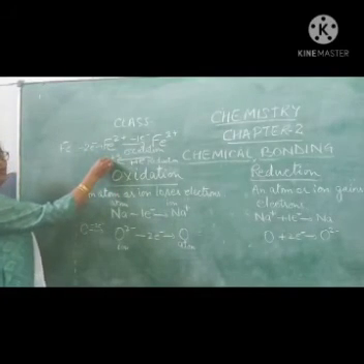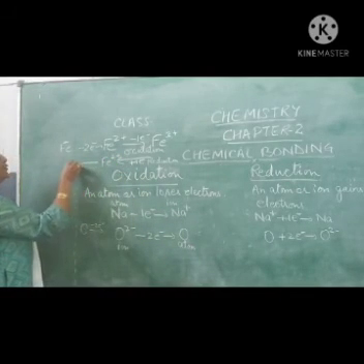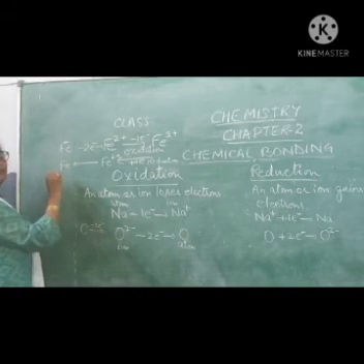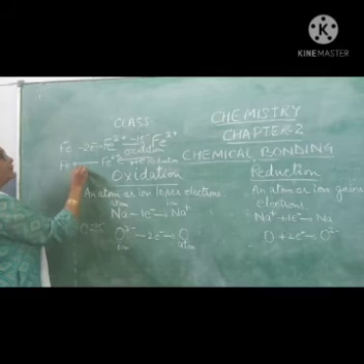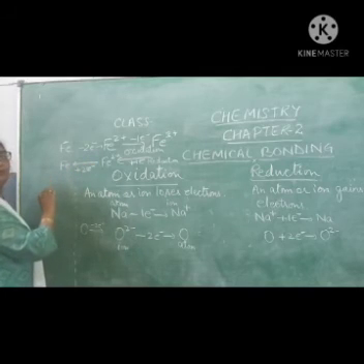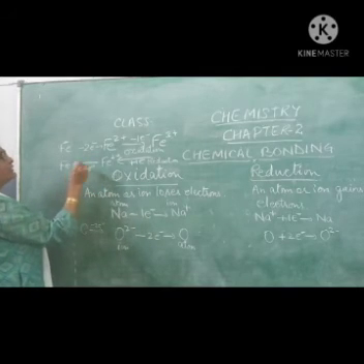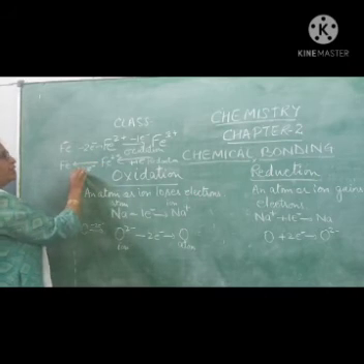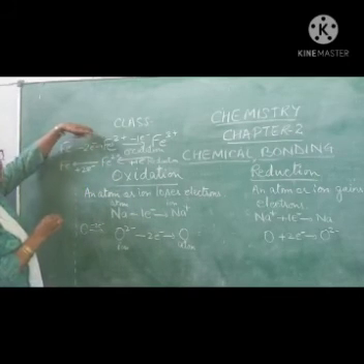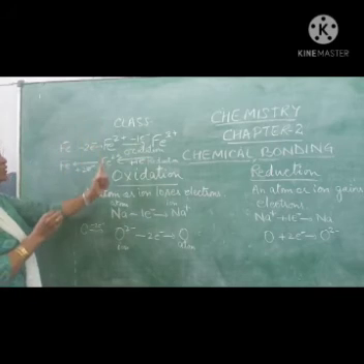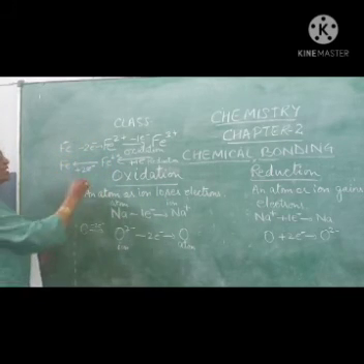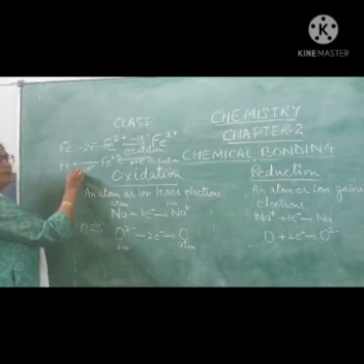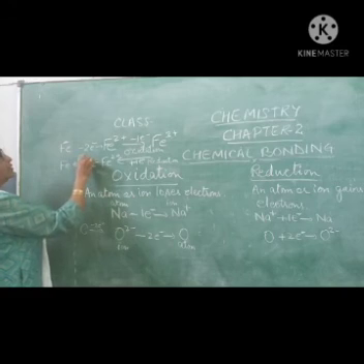Now this time it is reduction. Same way, if this Fe2 positive is converted to Fe, it will gain 2 electrons. Why will it gain 2 electrons? Because earlier it lost 2 electrons and converted into Fe2 positive. So if Fe2 positive is converted into Fe, it gains 2 electrons, and gain of electron is called reduction.